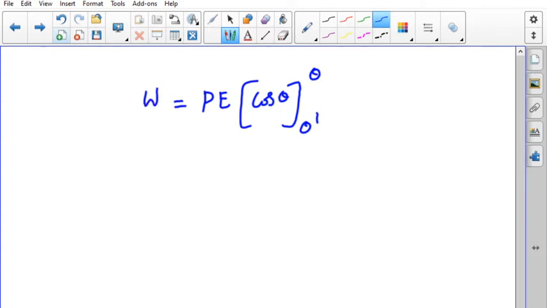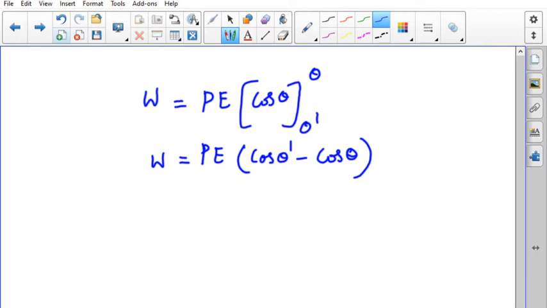That is the work done W. When we apply the limits, it is PE cos theta dash minus PE cos theta, so PE is taken common. This is the work done, which is equal and opposite to the torque due to the electric field.